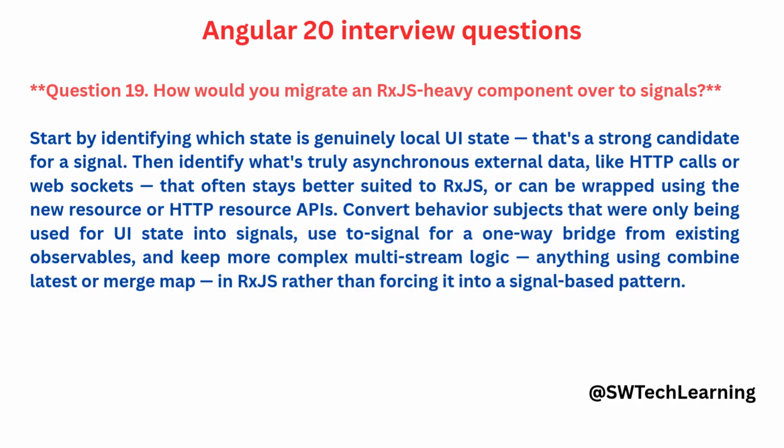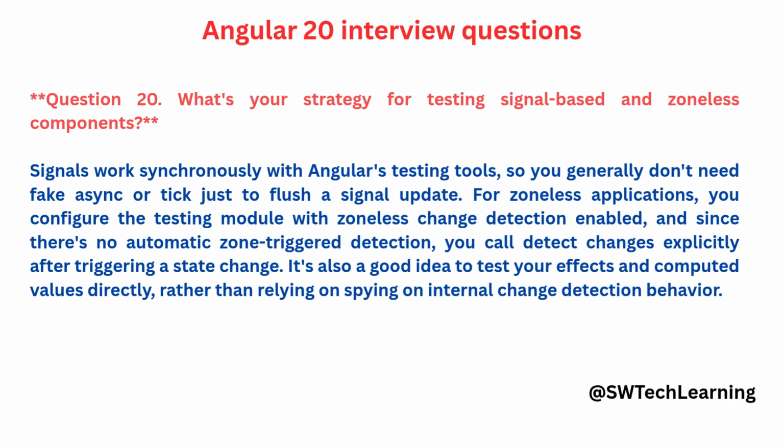Convert behavior subjects that were only being used for UI state into signals, use toSignal for a one-way bridge from existing observables, and keep more complex multi-stream logic, anything using combineLatest or mergeMap, in RxJS rather than forcing it into a signal-based pattern.